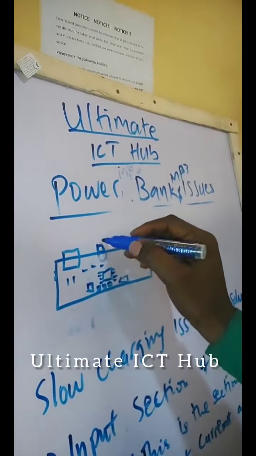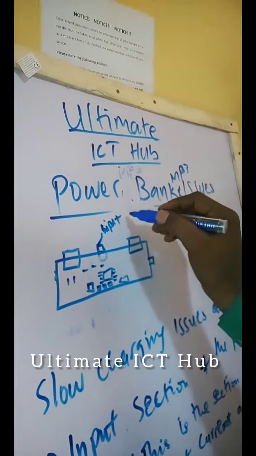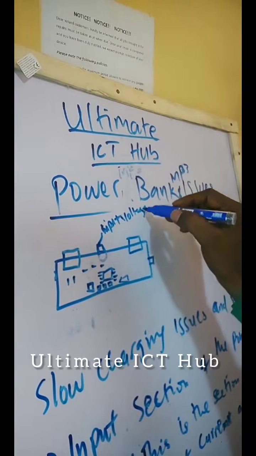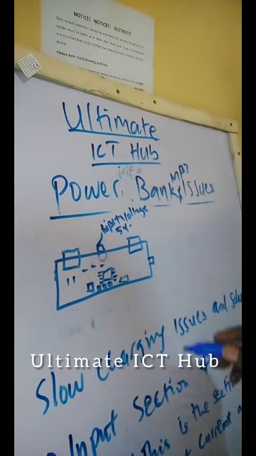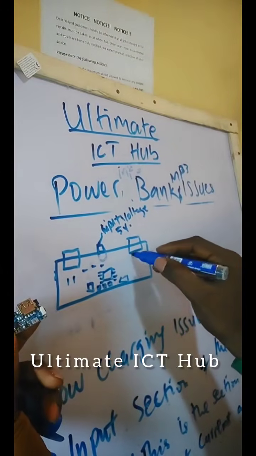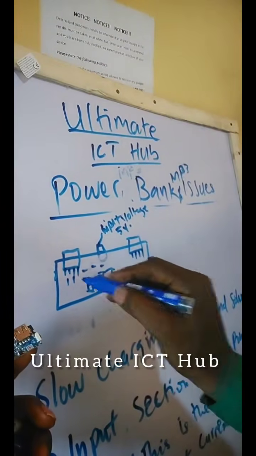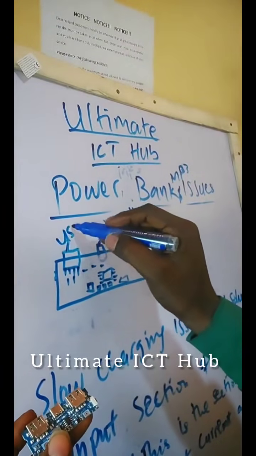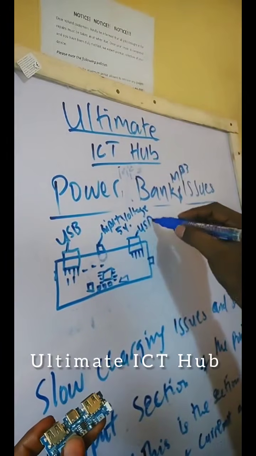So this is the charging port, input voltage 5 volts. We have 1, 2, 3, 4. This is the USB.